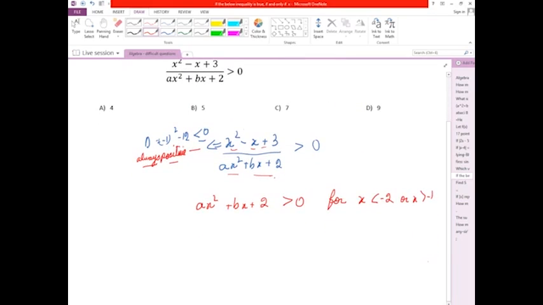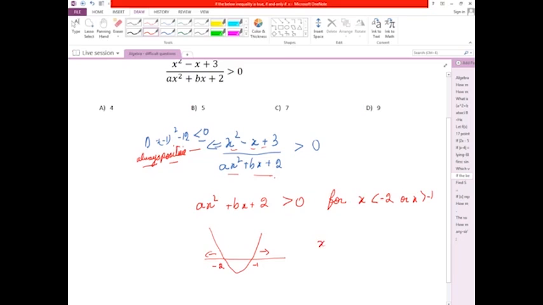It's a quadratic expression. Basically, it should have a graph of this sort, with minus 2 and minus 1 marked. It should be positive for x less than minus 2 or x greater than minus 1. Right?